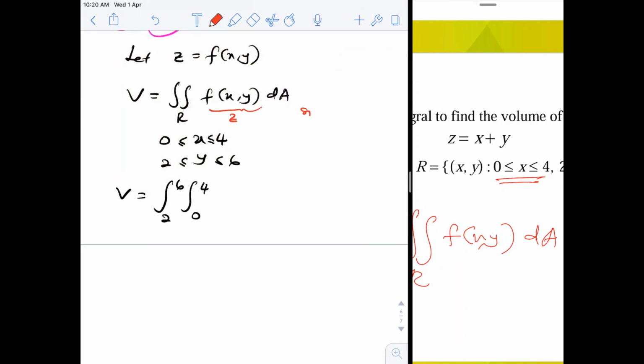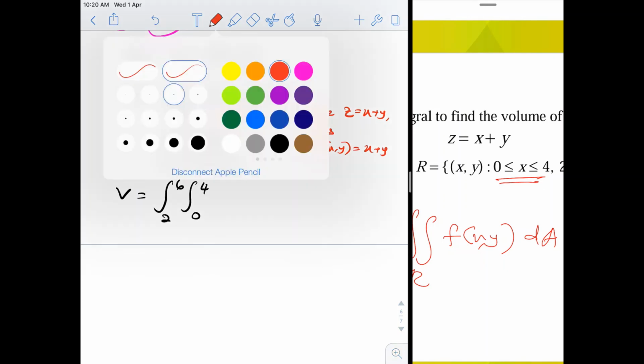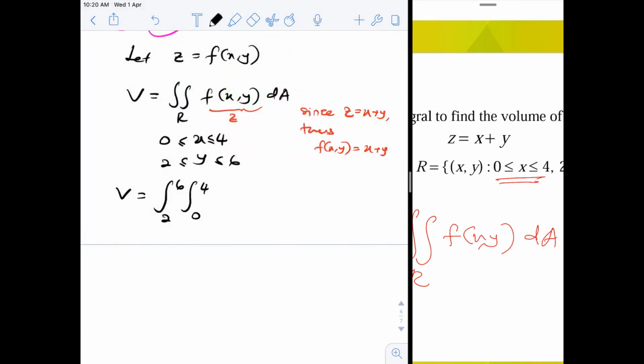Since z equals x plus y, thus f(x,y) equals x plus y. So now we write the function here, x plus y. The first limit is with respect to x, so we have dx dy.